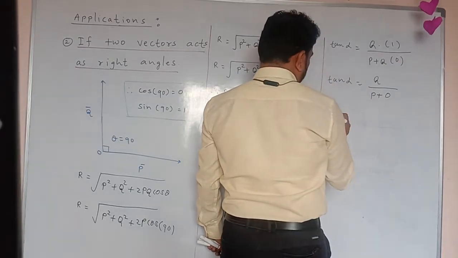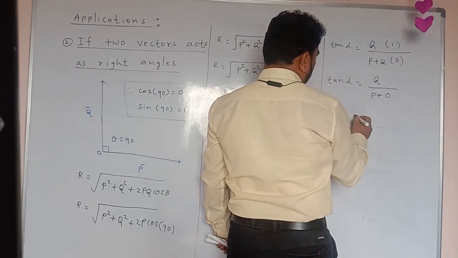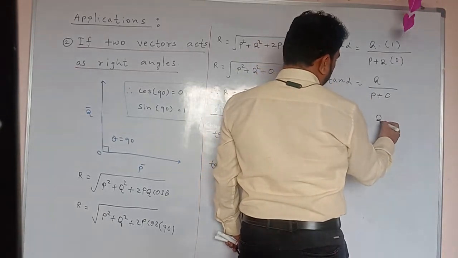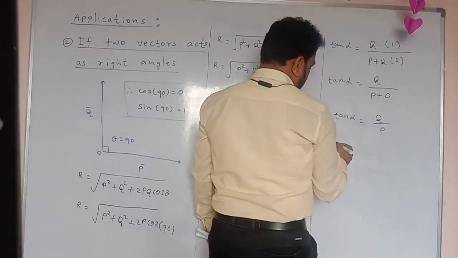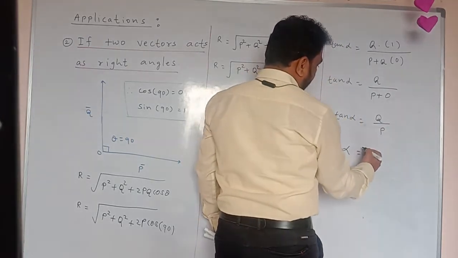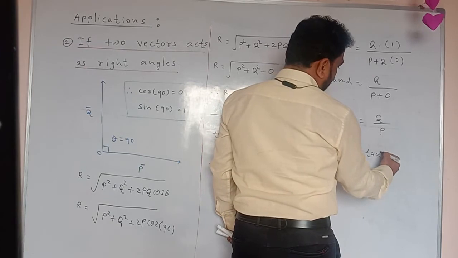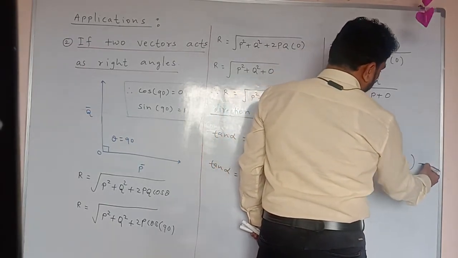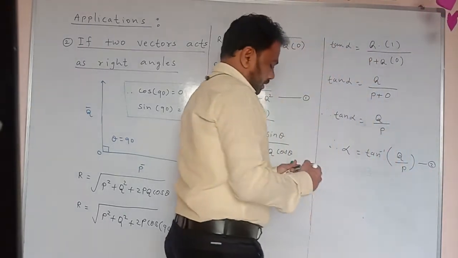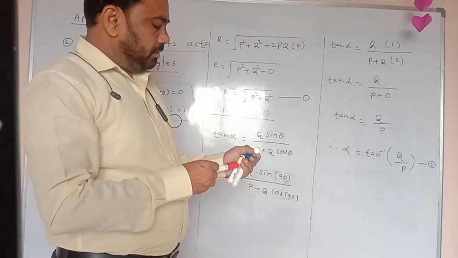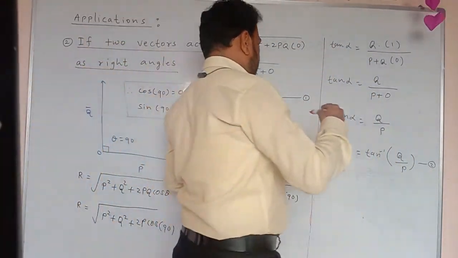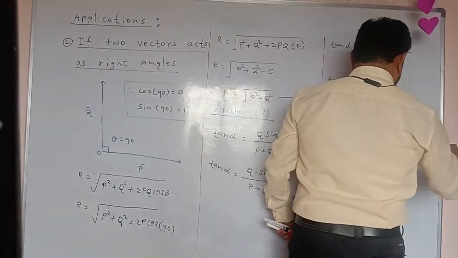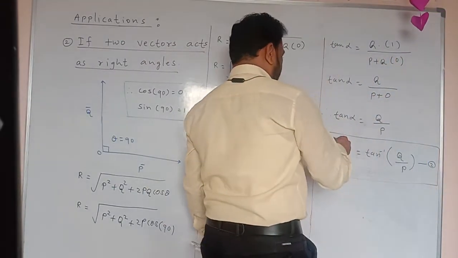Therefore tan alpha is equal to Q upon P, so the direction alpha is equal to tan inverse of Q by P. So this is our equation 2.